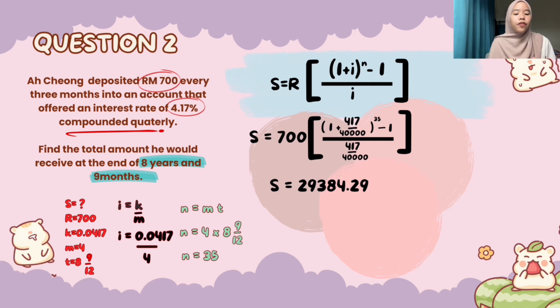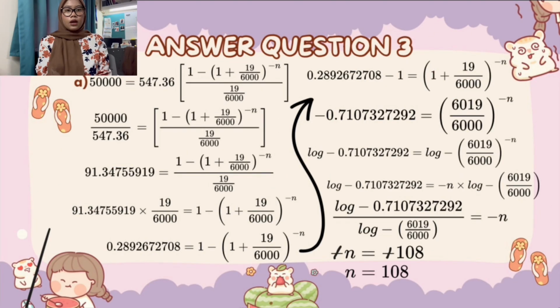This gives us 470 per 40,000. We also know that N is 35 and we minus 1 following the formula. Then we divide by I, which is 470 per 40,000. Finally, we use a calculator and we get the final answer for S is 29,384.29.